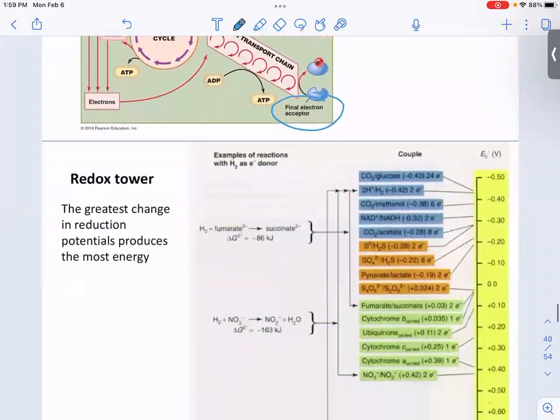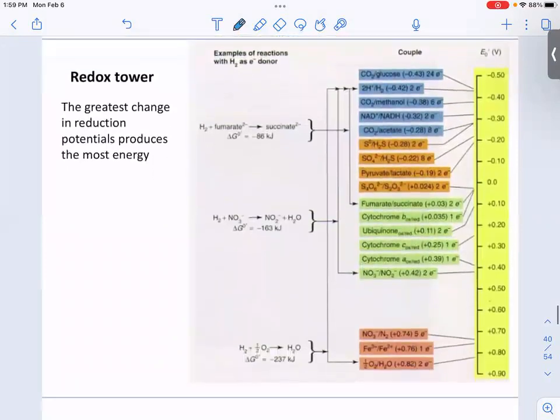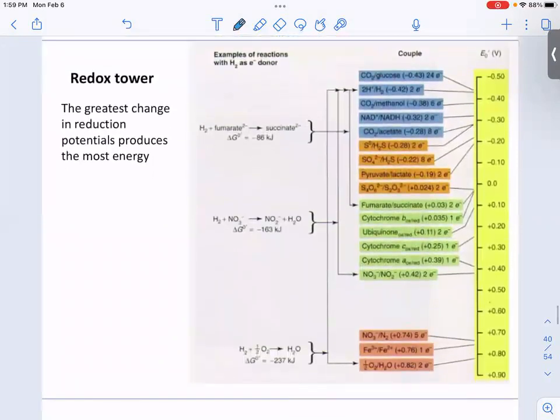There's one more point that I want to make about anaerobic respiration. Bear with me here a little bit as I show you this complicated looking redox tower. But the point that I want to make is that organisms that do respire anaerobically always get less ATP than organisms that respire using oxygen as a final electron acceptor.